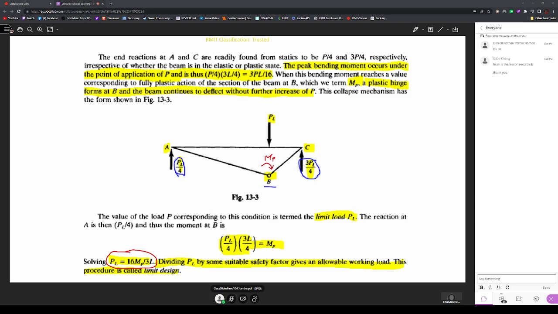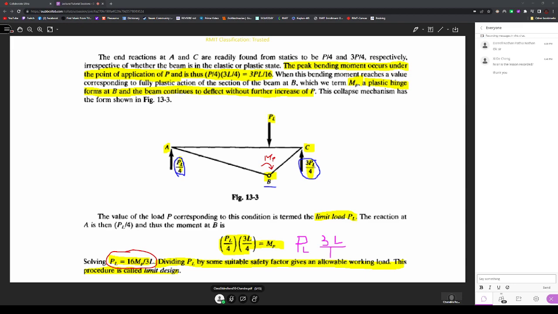So 3L over 4 is the distance here. Force multiplied by the perpendicular distance gives you the plastic moment. So from the plastic moment, you can simplify this. So this will be PL into 3L over 16.